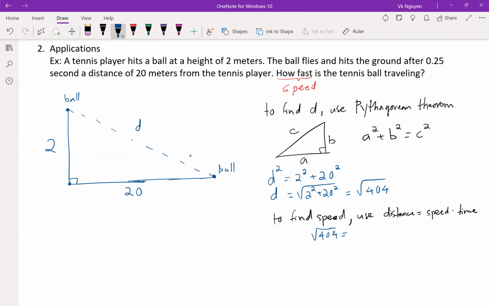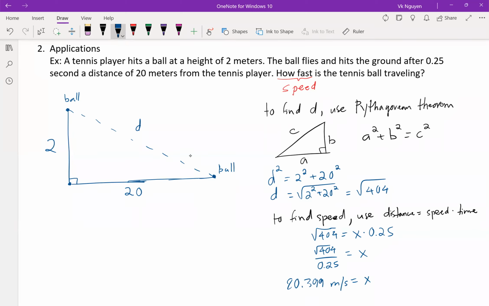Speed, we don't know, so I'm going to call it x. But then we know time, 0.25. So the speed x is root of 404 divided by 0.25, and that gives us x to be 0.399 meter per second.